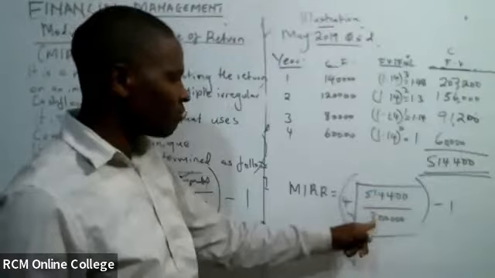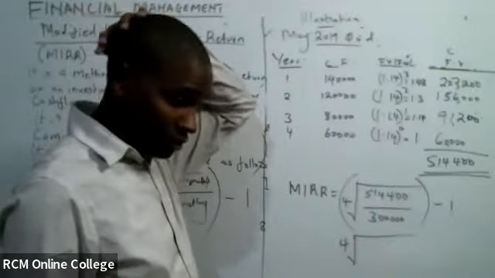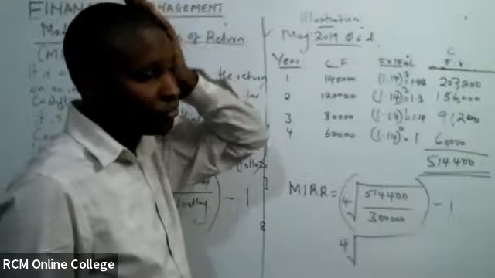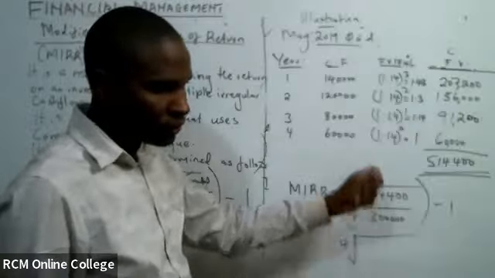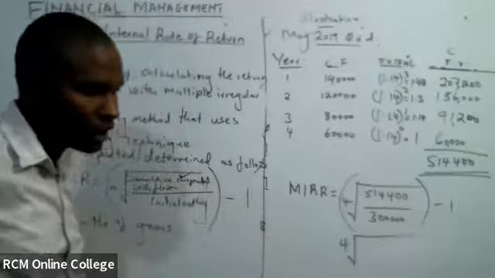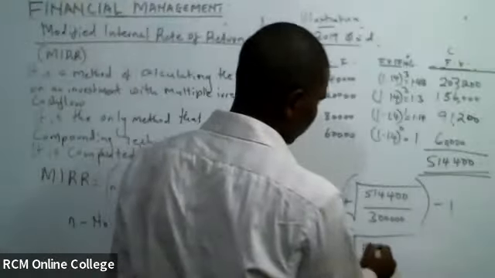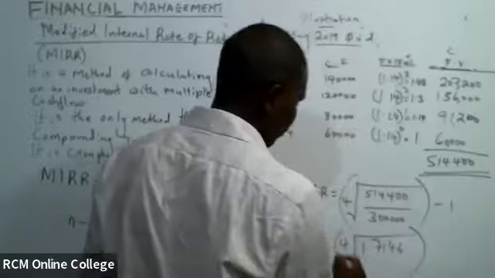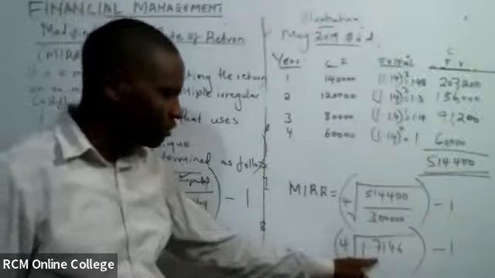So hapa, this divide by this itakuwa ngapi? Tupate hapo vizuri. 4 decimal places ni sawa. This divide by this, somebody. Hapo ndani kwanza. 1.7146. Haya, utafute fourth root ya hiyo alafu utoe 1. What is fourth root of this?